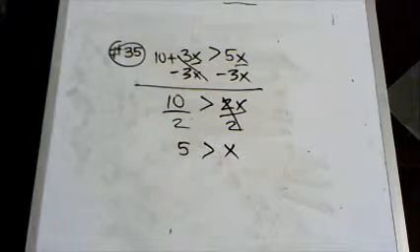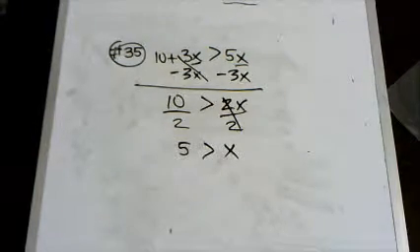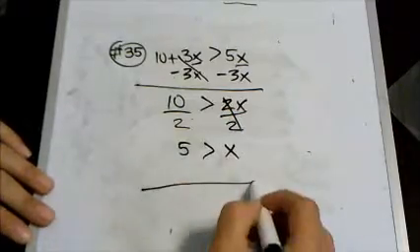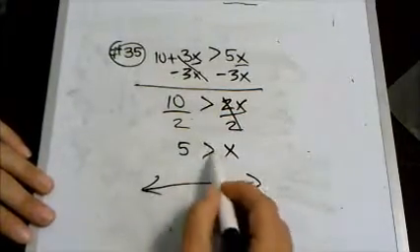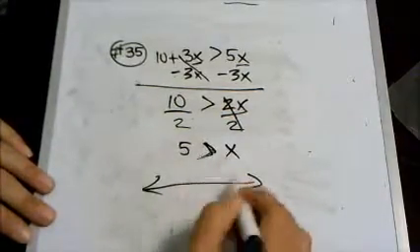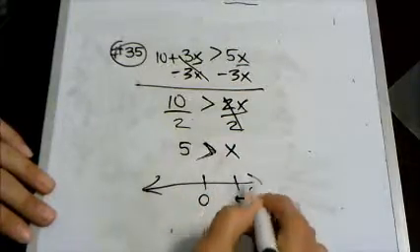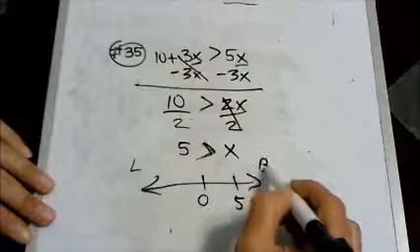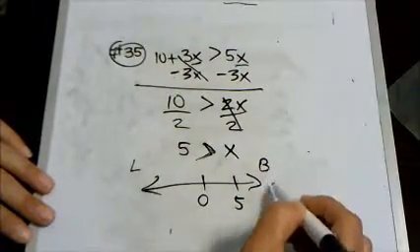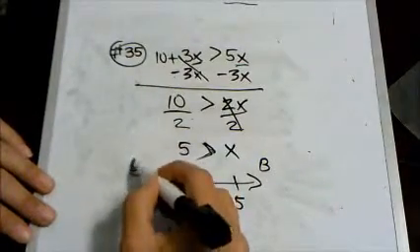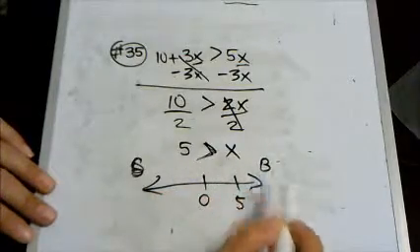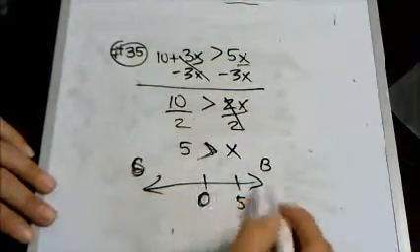I have not been graphing these for you. I'll graph this one. This is pointing to the smaller number. So if I have a 0 and a 5, smaller is on the left side. The bigger is on the right side. So this side's small, and as we go this way, it grows bigger, bigger, bigger, from a 0 to a 5.